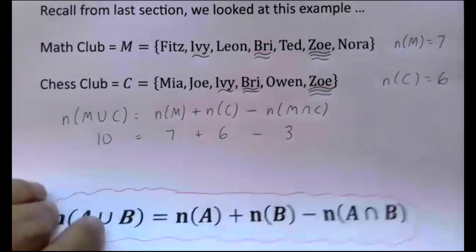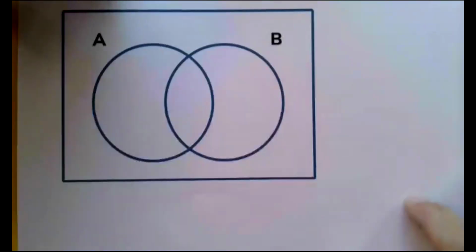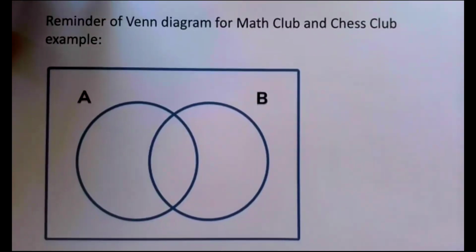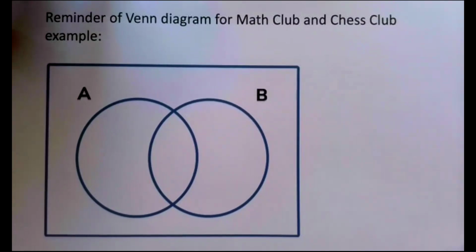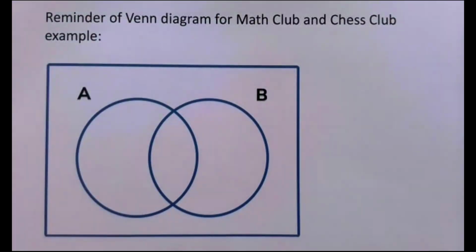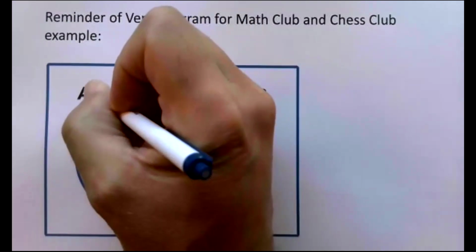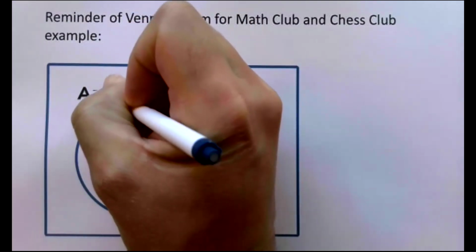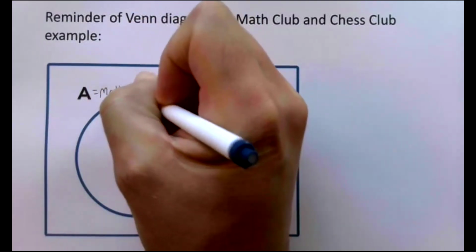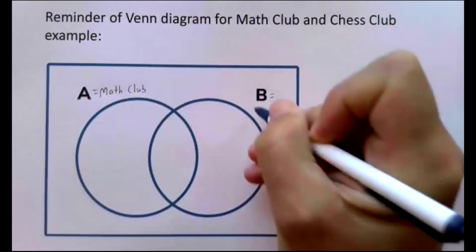So just as a reminder about Venn diagrams, I know we did this last section also, but just to remind us, I'm going to call this Math Club and Chess Club.